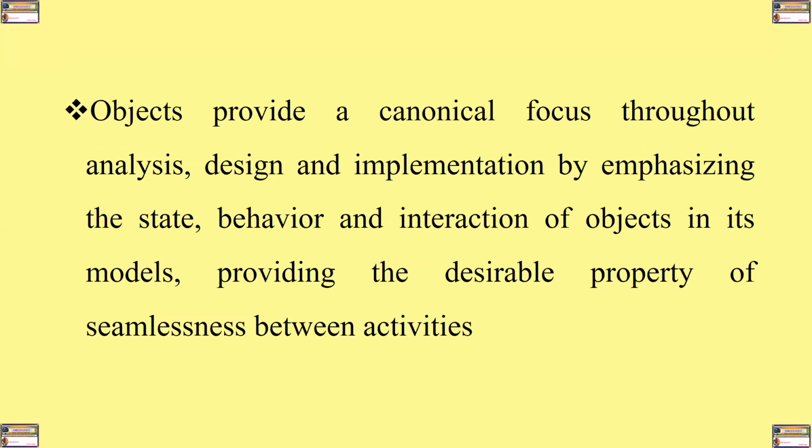Objects provide a canonical focus throughout analysis, design, and implementation by emphasizing the state, behavior, and interaction of objects in its models, providing the desirable property of seamlessness between activities.